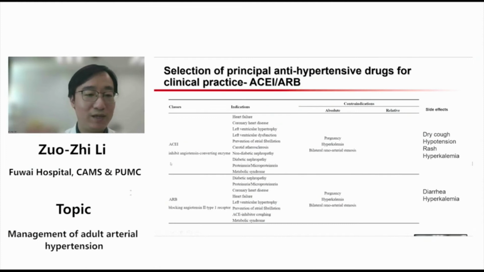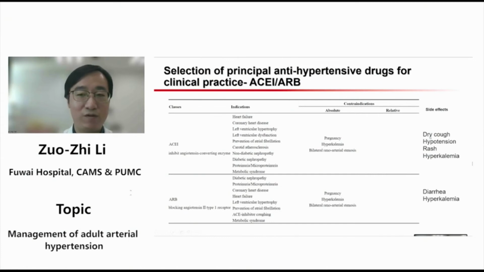These 2 categories of antihypertensive medications are particularly suitable for patients with heart failure, coronary heart disease, and also patients with diabetes, as they have little or no adverse effect on the metabolism of glucose and lipid. But we should also note that patients using ACEI may have side effects, including dry cough, which often appears at the early stage of medication.